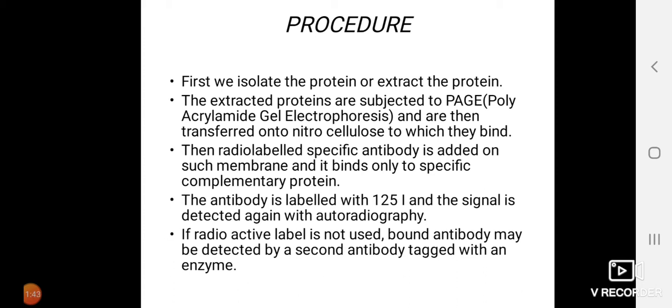Procedure goes with, first we are going to take all the proteins from a particular cell. Then the extracted protein is subjected to separation by using polyacrylamide gel electrophoresis, and is then transferred onto a nitrocellulose membrane by the process of blotting, which includes either capillary or electroblotting.